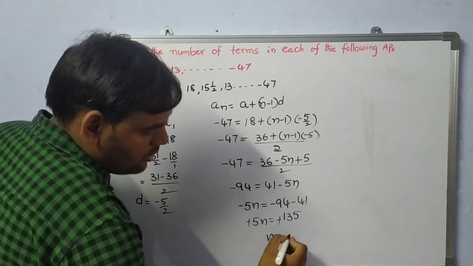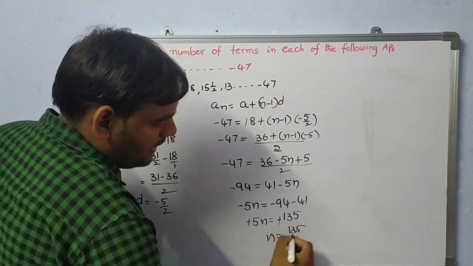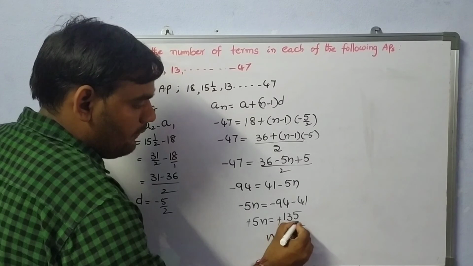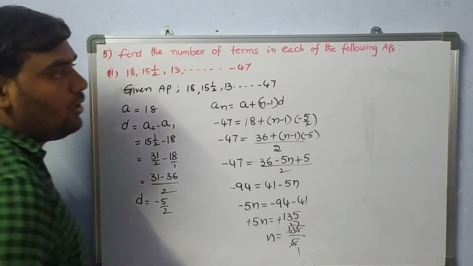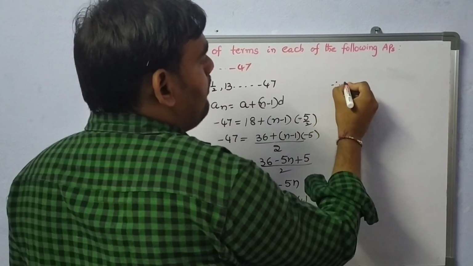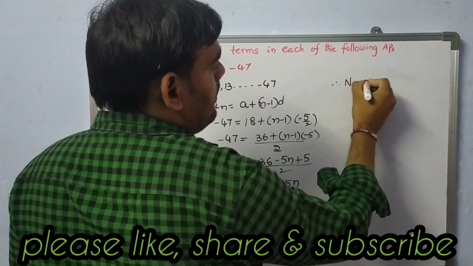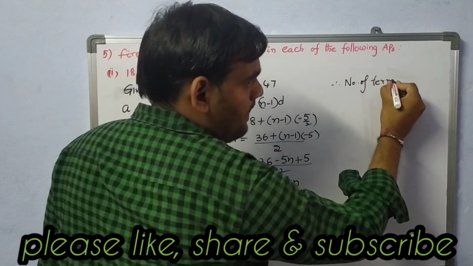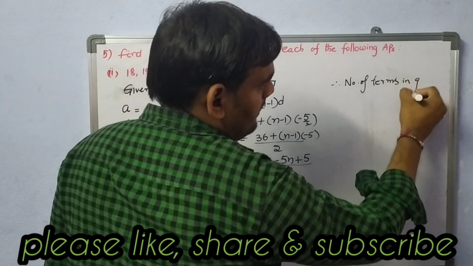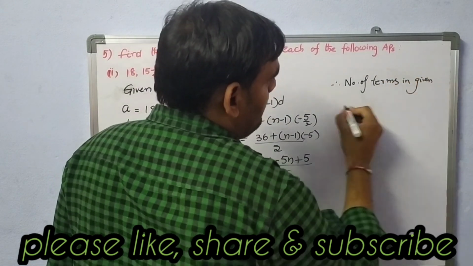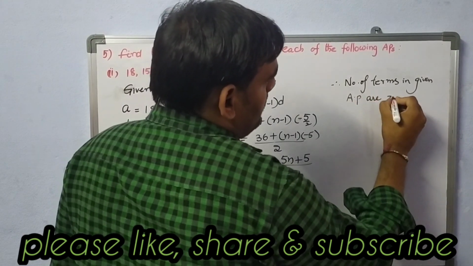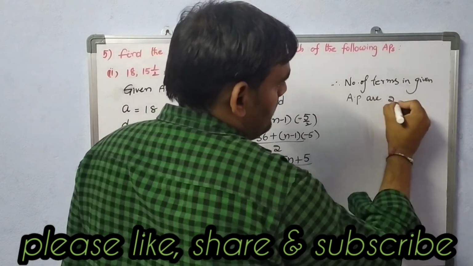So n is equal to 135 by 5. 5 ones are 5, 5 twos are 10, 5 sevens are 35. Therefore, the number of terms in the given AP is 27.